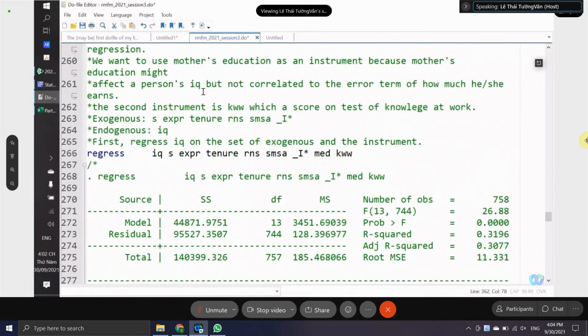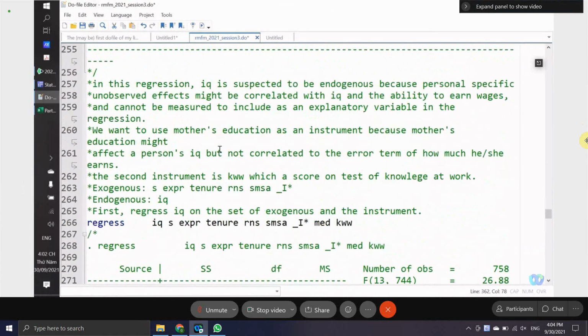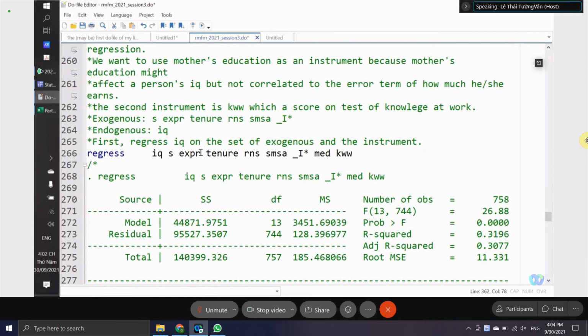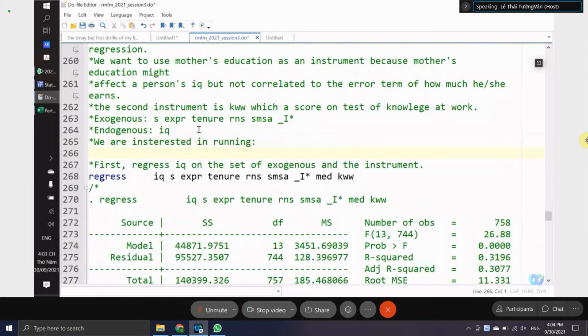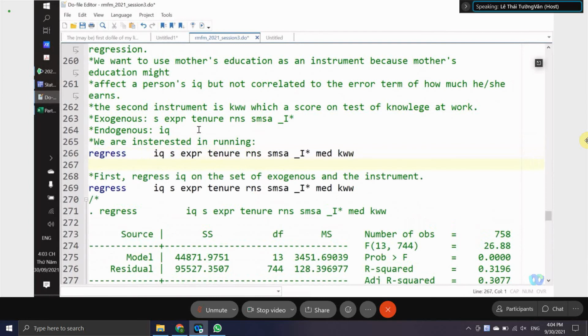First, you would love to run the regression. What we are interested in is running this equation, right?